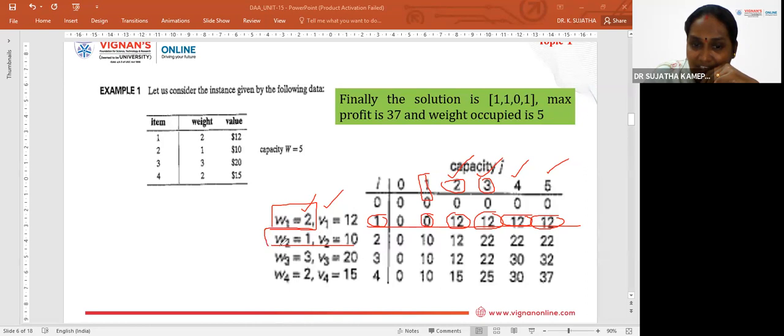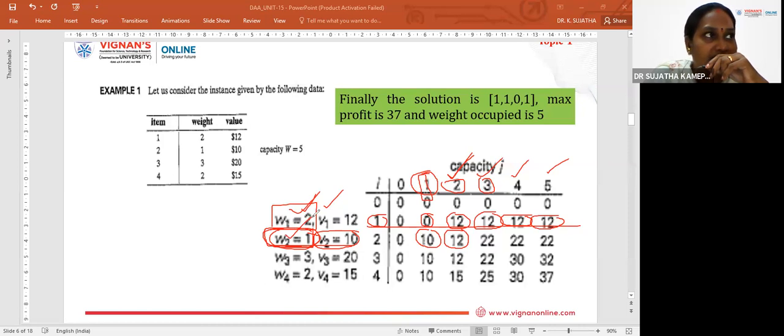Now let us see, the weight of the second object is 1 and the value of the second object is 10. Now here the capacity is 1. In capacity 1 I can place this second object since its weight is 1. So that's why we can gain a profit of 10. Right. Coming to here, the capacity is 2. So I can place weight 1 in capacity 2, but I cannot place both the items entirely.